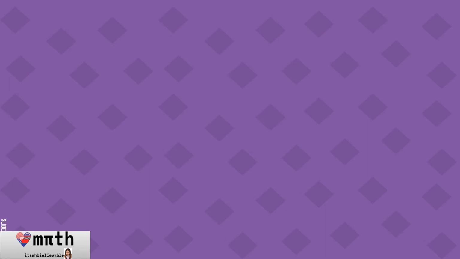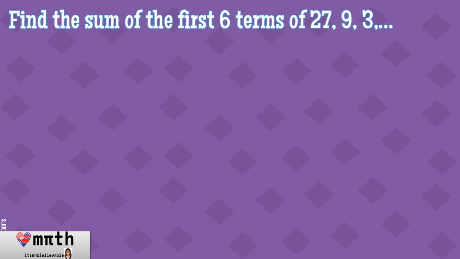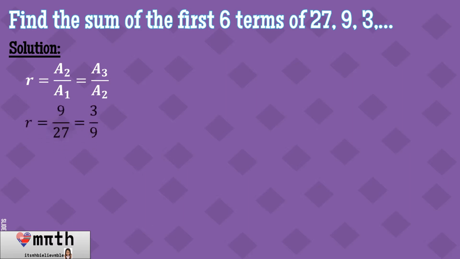For example number 2, find the sum of the first 6 terms of 27, 9, and 3. Again, let us compute first for the common ratio. That will be second term divided by the first term, third term by the second term, which is 9 divided by 27, and 3 divided by 9, which is equal to 1 over 3 or 1/3.